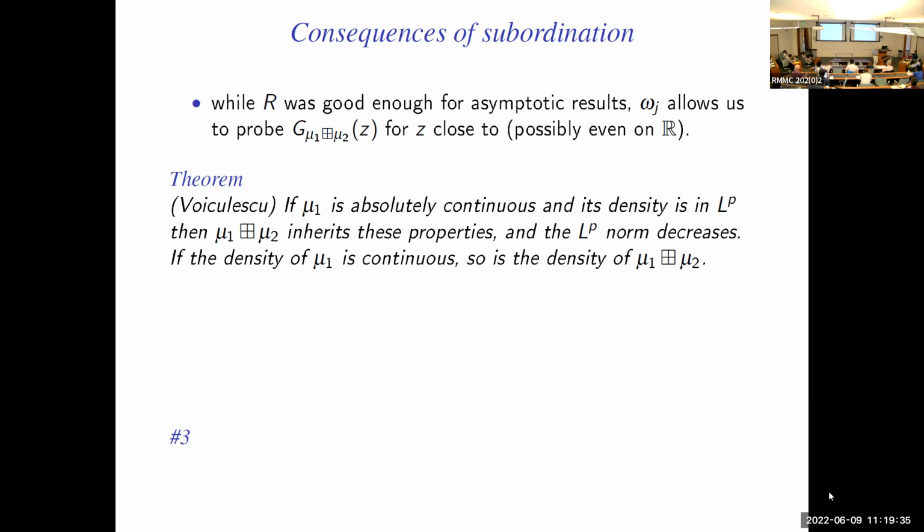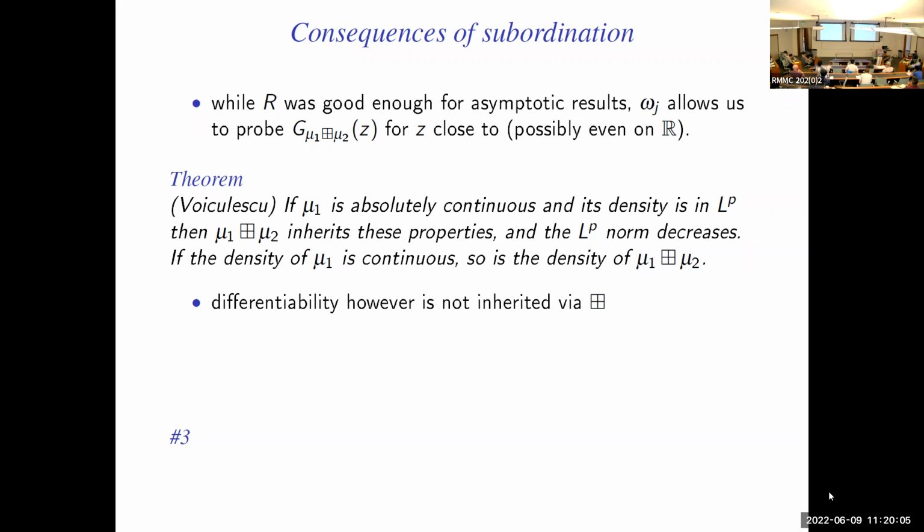So if you have a continuous density, then you also have a continuous density for the convolution. And interestingly, did I say this? Yes, I wrote it here. Differentiability is not preserved. That's perhaps an interesting point. The reason for this is that if you take a measure with compact support and convolve it with itself a sufficient number of times, you get something which is almost like a semicircle.